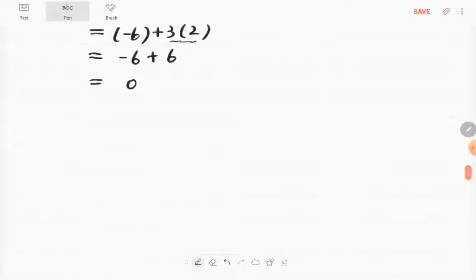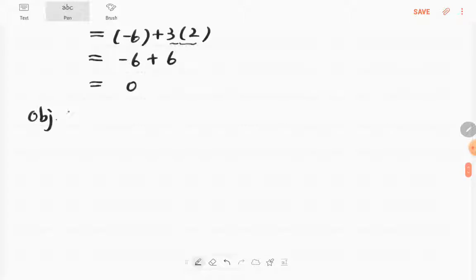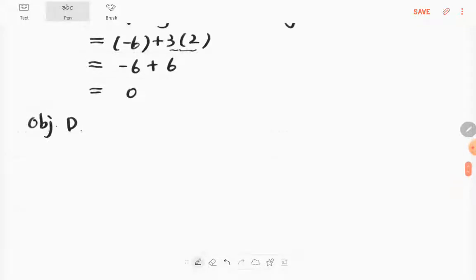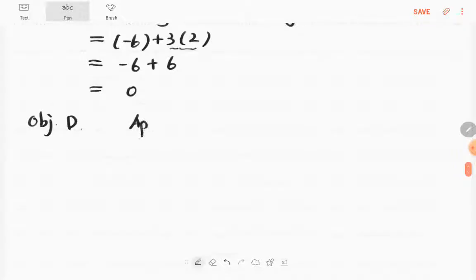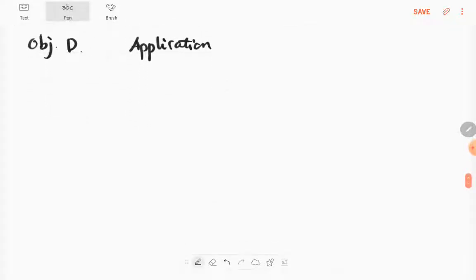Okay. All right, the last objective, objective D, is about application problems. So for example, we talk about Philadelphia, the record extreme high temperature.